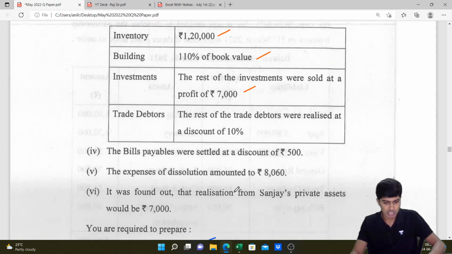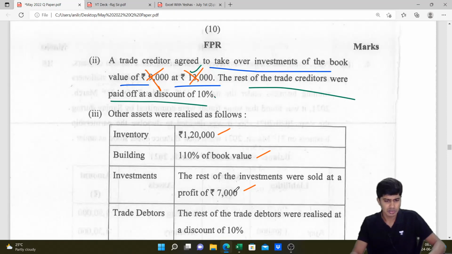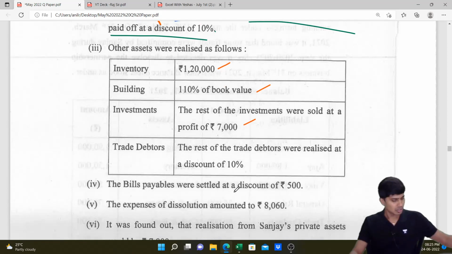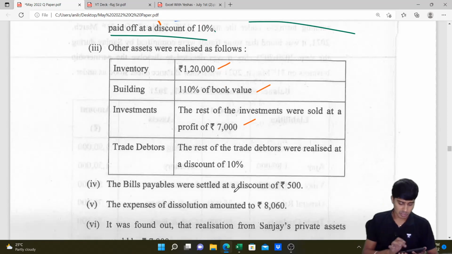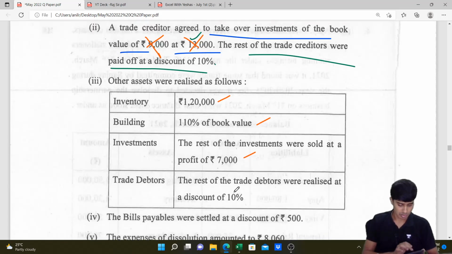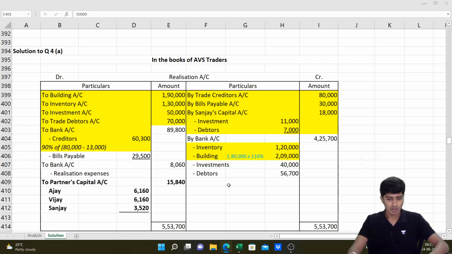Is there any more adjustment? No. So 50,000 minus 9,000 plus 7,000 comes to 48,000. 48,000 should be the value of investments.